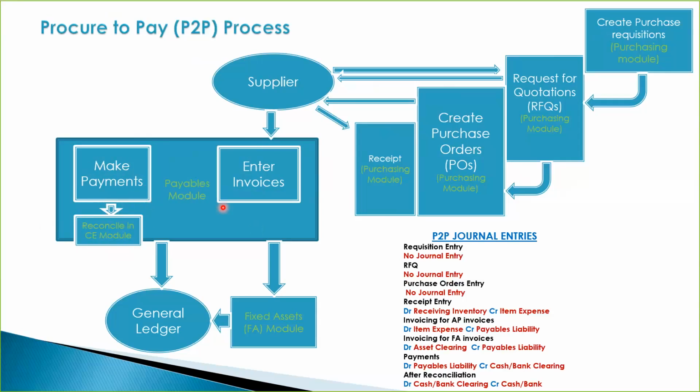Now, when these transactions are entered into the system, when the invoices and payments are entered into the payables module, and when the reconciliation is done in the cash management module, the accounting entries are generated at the end of the month.